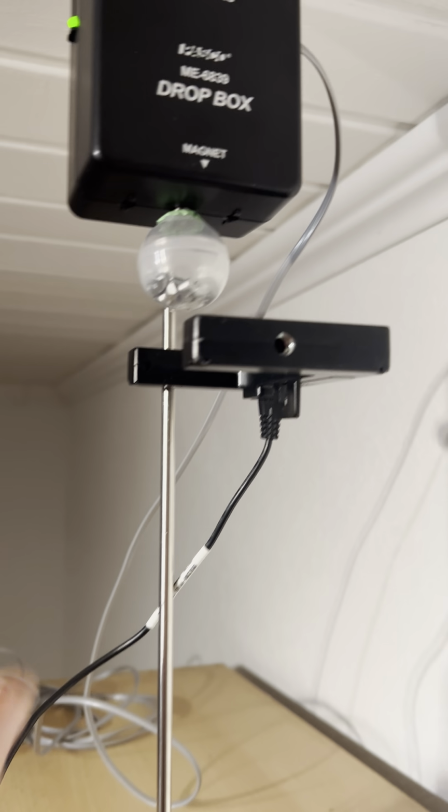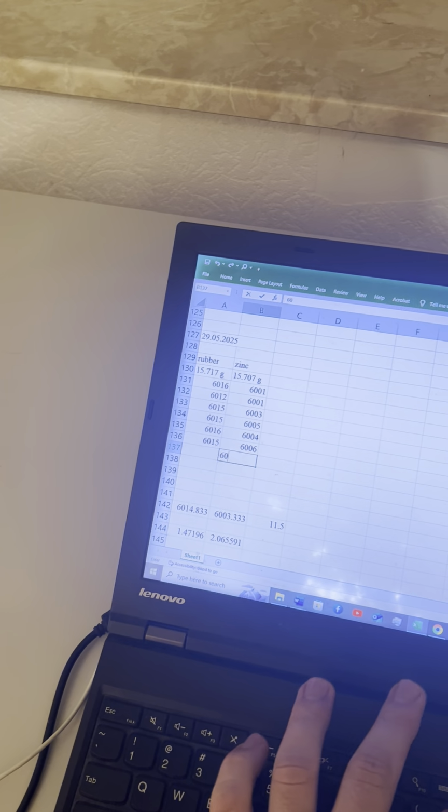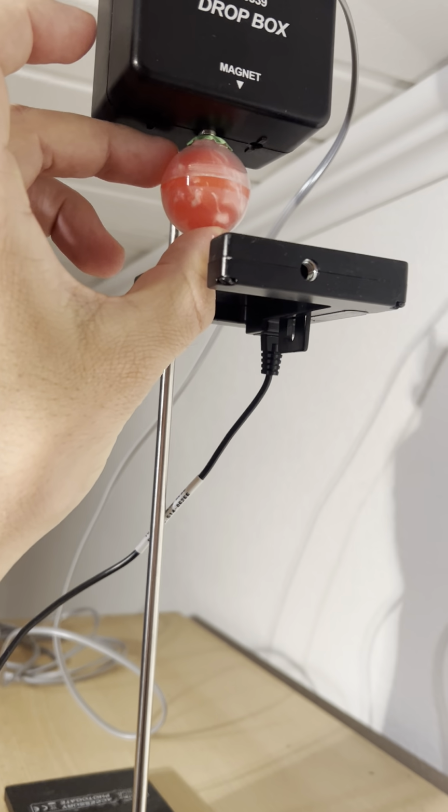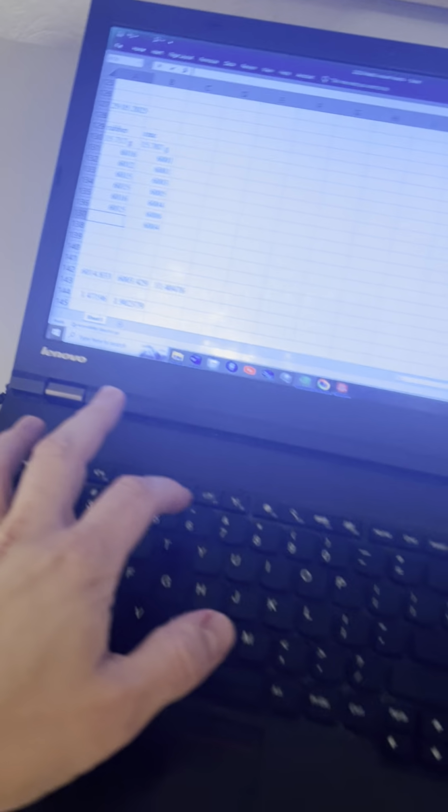So basically now we're just interested in the time difference here. 614 again. 617.